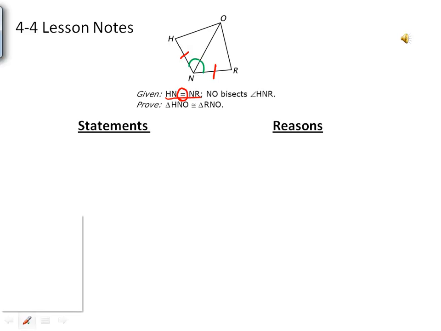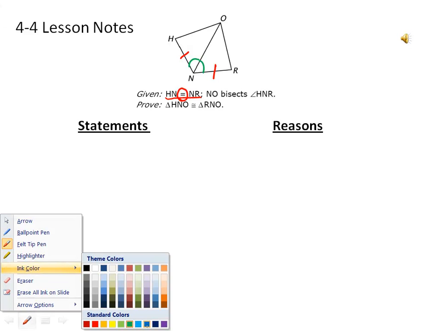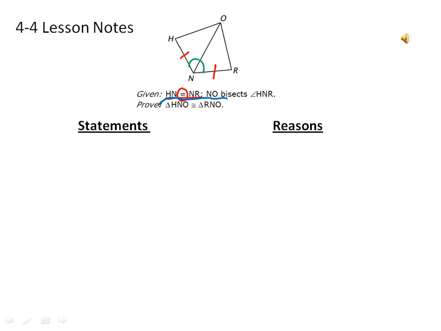And I'm going to have to prove that these two triangles are congruent to each other, HNO and RNO. All right? So now I'm going to look and see how I can get ASA from this information, or SAS.